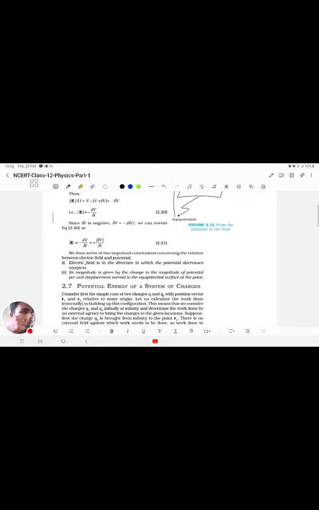So potential energy of a system. Consider first the simple case of two charges q1 and q2 with position vectors r1 and r2 relative to some origin. Let us calculate the work done in building this configuration.